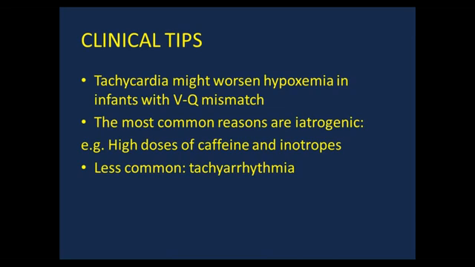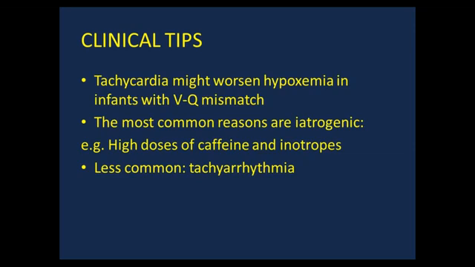If you have significant beta stimulation through dopamine or epinephrine and kind of stable hemodynamics, then you have to start weaning the inotropes to improve the transition time and to decrease the impact of tachycardia on worsening of hypoxemia.